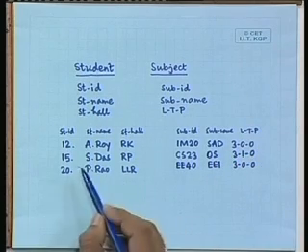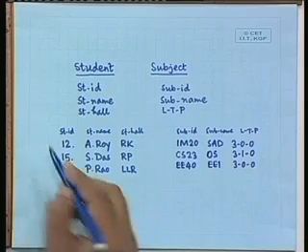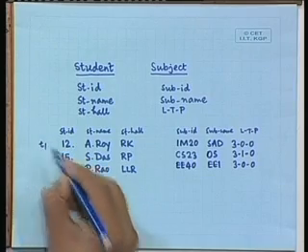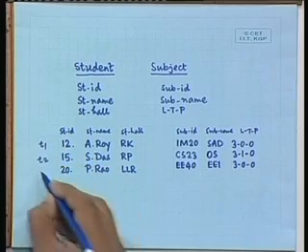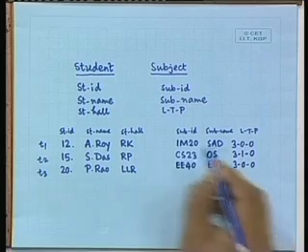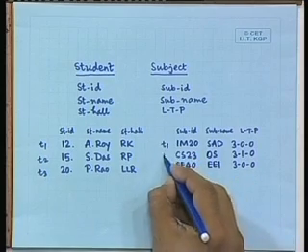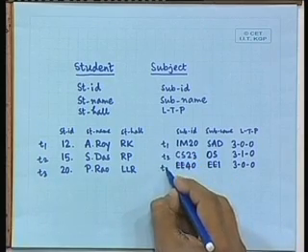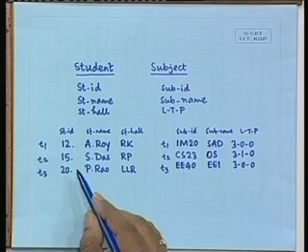Now, what is a tuple? This student record I have taken 3 tuples. So, this is the concept of tuple T1, T2, T3. How many tuples in student record? 3 I have taken.